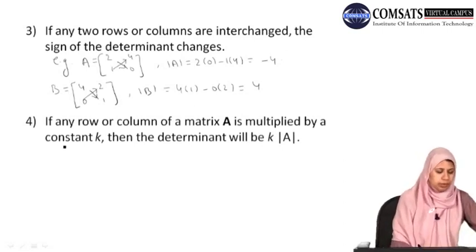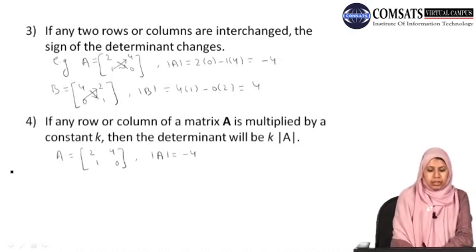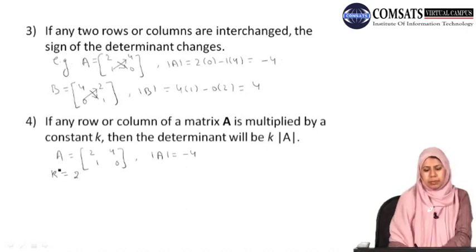For example, we have our matrix A as the same matrix 2, 4, 1, 0, and we know the determinant of this matrix is -4. Let's take our scalar k equal to 2, and we multiply this scalar by our second row.